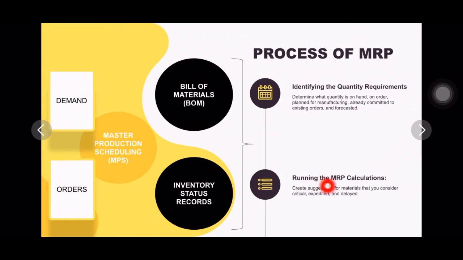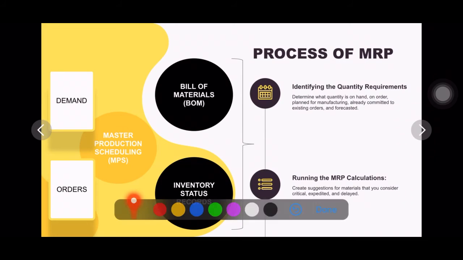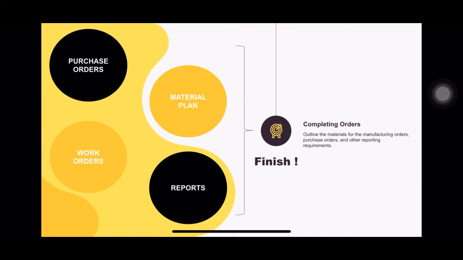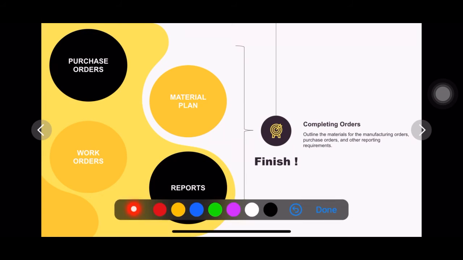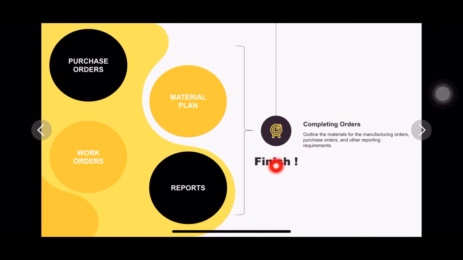On the other hand, to run the MRP calculations is to create suggestions for materials that you consider critical, expedited, and delayed, which is done in the master production scheduling. Lastly, to complete orders, they must outline the materials for the manufacturing orders, purchase orders, and other reporting requirements as integrated in their outputs as seen on the left.